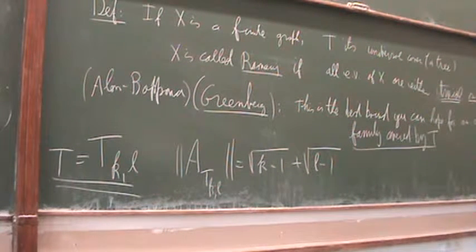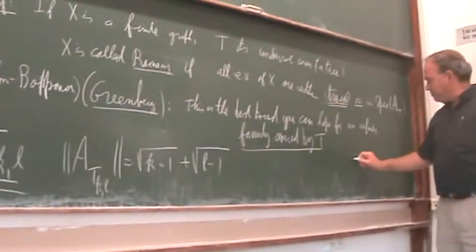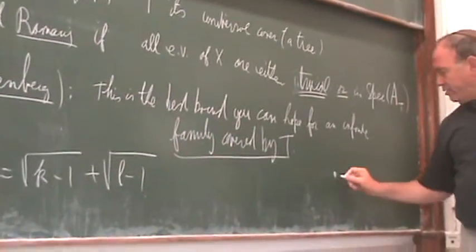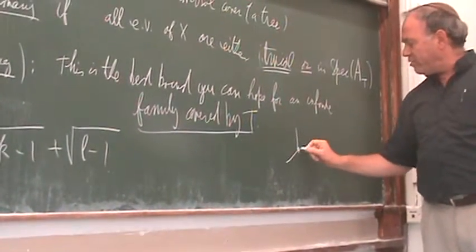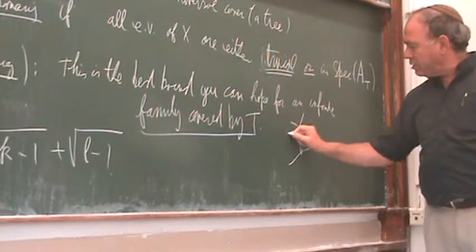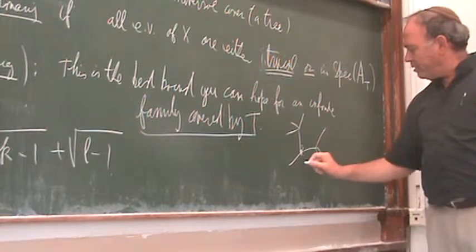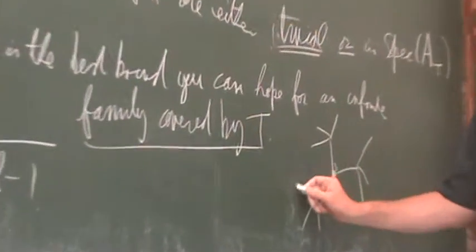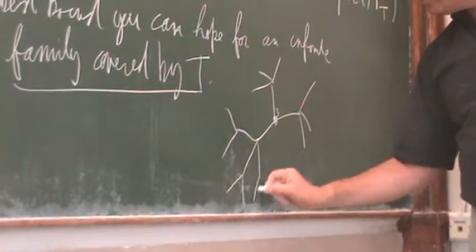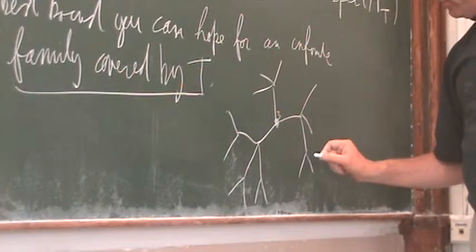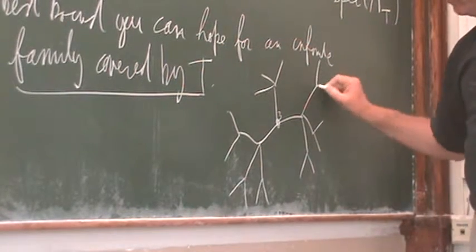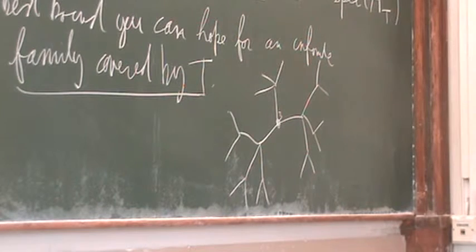Which of course, at K equal L, gives us the old results. By the way, what is T_{K,L}? It's the tree where the degree here is 3, and then let's say the degree next is 4. And then again it will be 3, and the next level will be 4. It's a bipartite tree where the degrees are K and L, K and L, K and L, right?